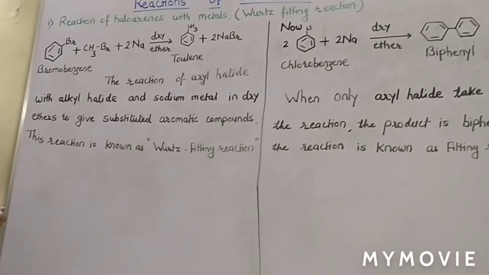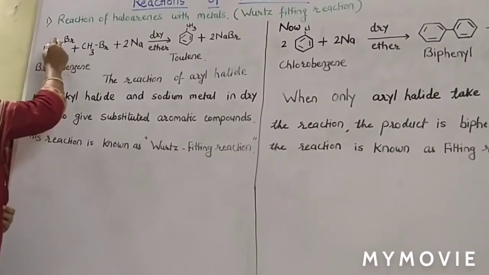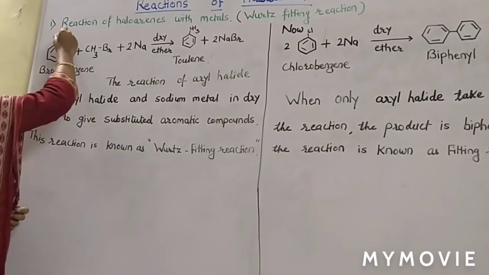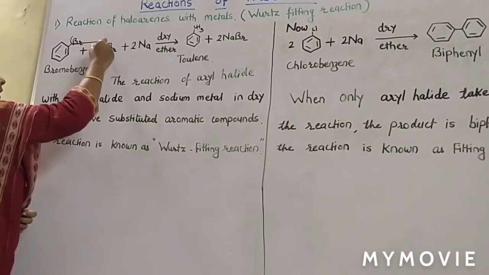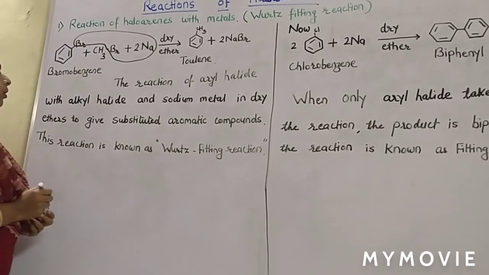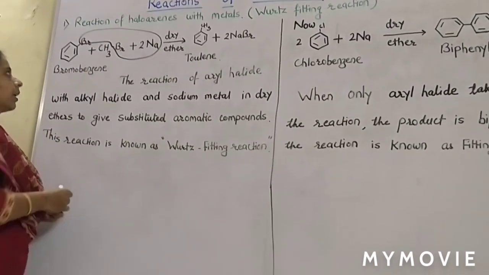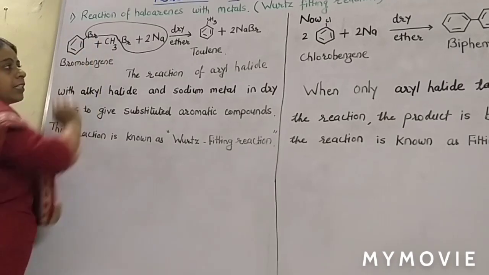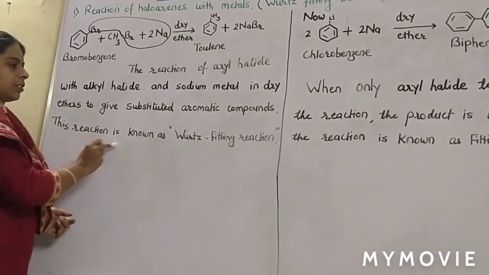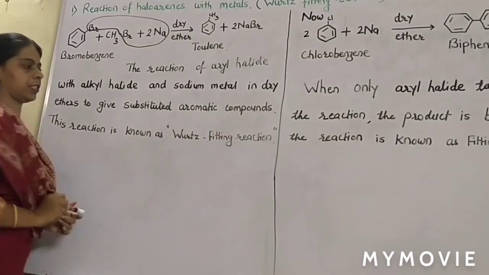So what will we get? C6H5CH3. CH3 will substitute and connect there, and the other parts will form the byproduct, that is 2 NaBr, and in place of Br, CH3 will add. So this is our compound toluene, and this reaction is also called the Wurtz-Fittig reaction.